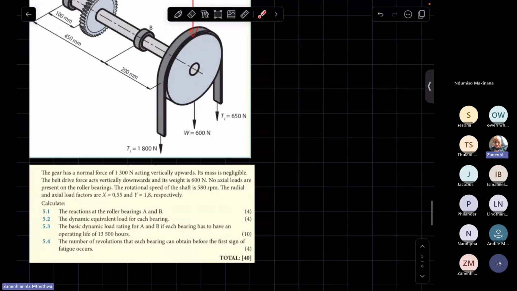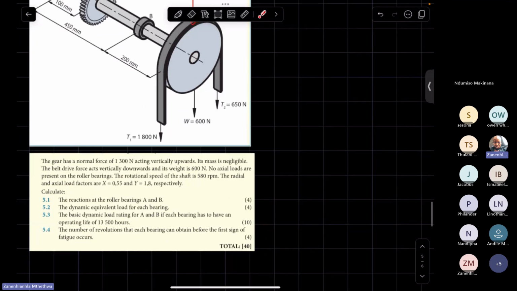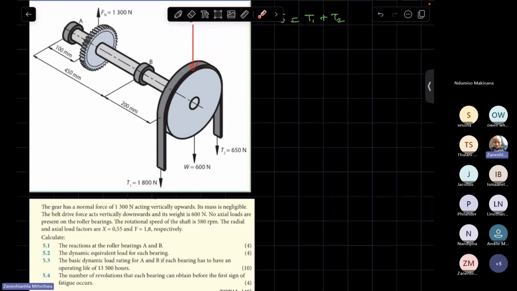Now, for these kinds of problems, regardless of whether or not they told you to do so, always test your answers.